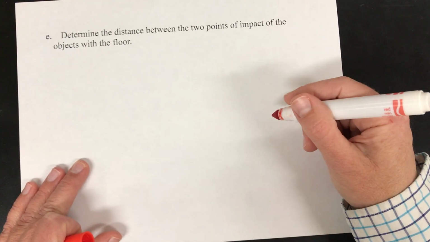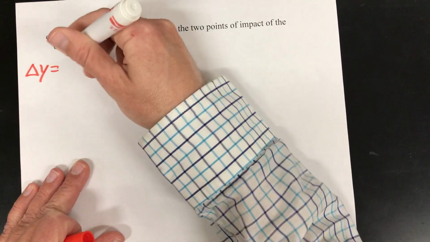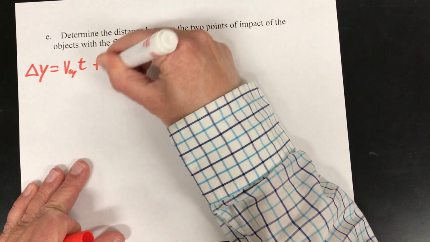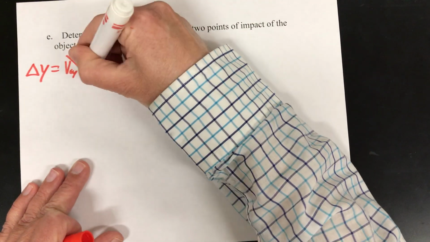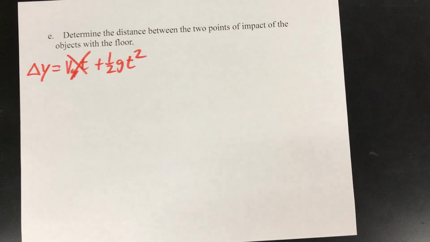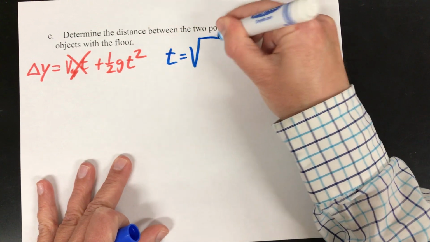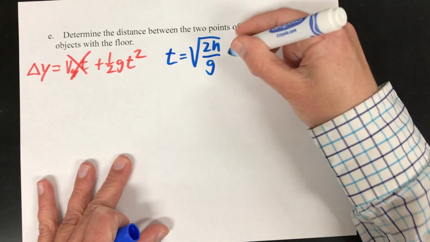So when you do a horizontal projectile problem like this, you got to start with the third equation. The vertical distance they move is equal to the initial y velocity times time plus 1/2 times the y acceleration, which is g, times time squared. There is no initial y velocity for a horizontal projectile. So when we go to solve for this time, this is an equation you should have memorized. It's square root of 2 times the height over g.